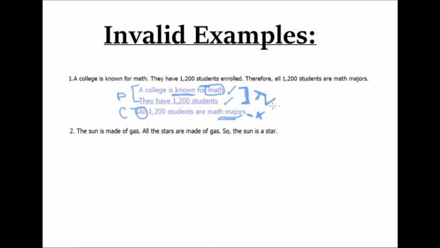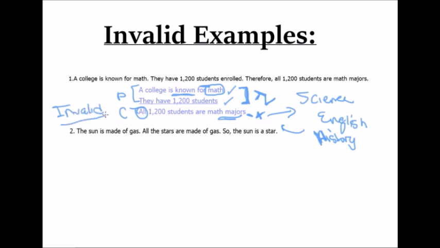However, this isn't, because you have science, English, history, if I could write, as well as math. So this would be very much invalid. You need to make sure that the conclusion matches up with the premises completely.